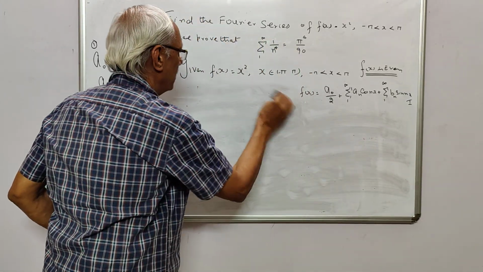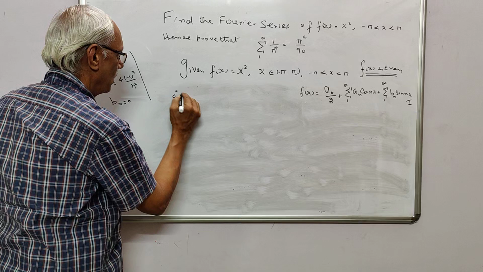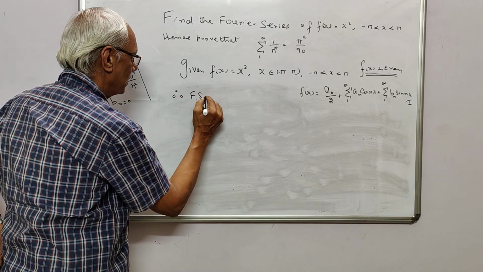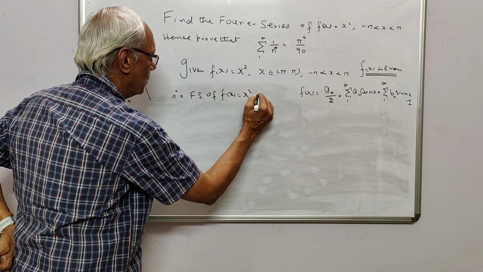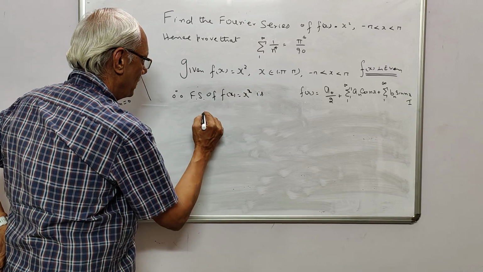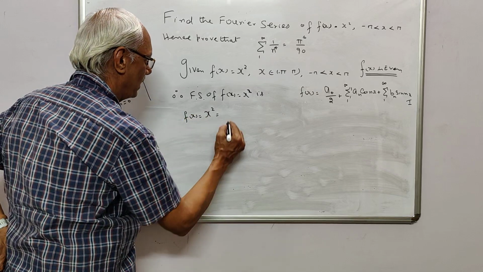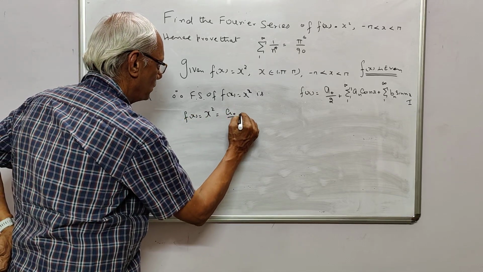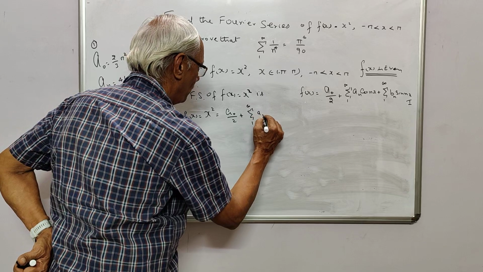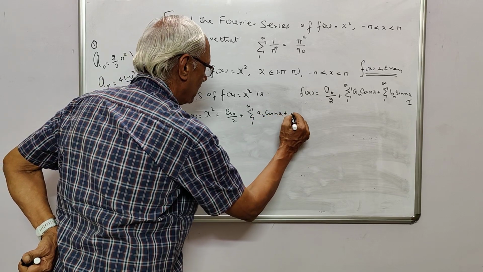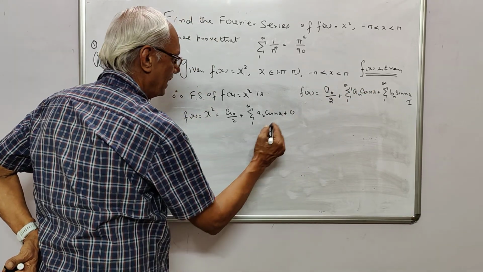So the Fourier series of f of x is equal to x squared is: x squared is equal to a naught by 2 plus sigma of 1 to infinity of an cos nx plus 0, because the other one, bn, is 0.